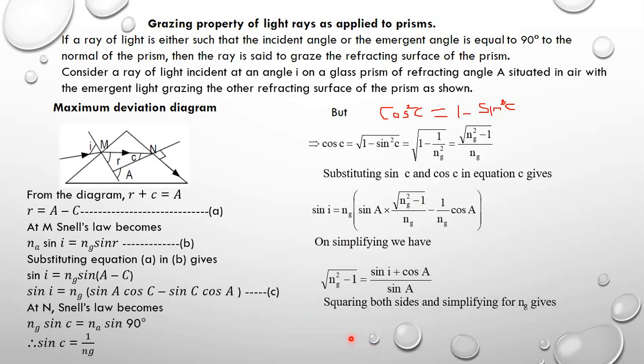After squaring on both sides, we shall have N_g is equal to the square root of 1 plus, open brackets, sine of I plus cos of A, divided by sine A, all squared. That's by simplifying this. When you square this side and this side, we shall have N_g squared this side, and then this 1 will go the other side, and then you get the square root and remain with N_g as the square root of this one. Remember, I had squared this, so we shall have this.